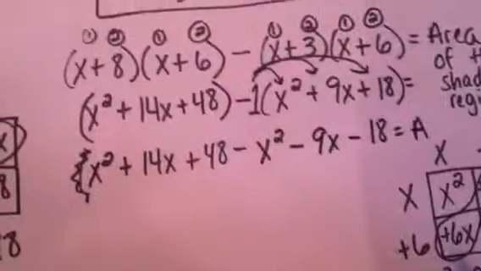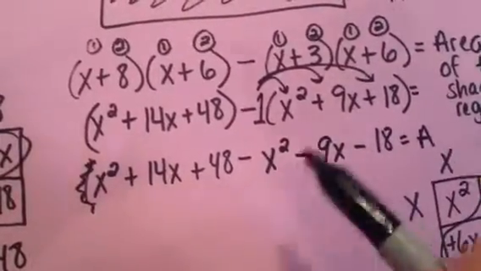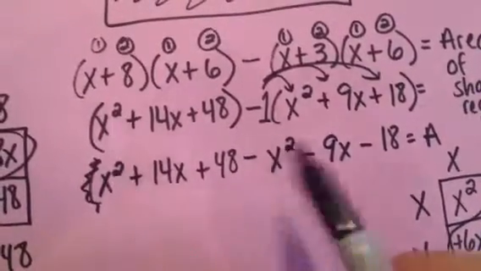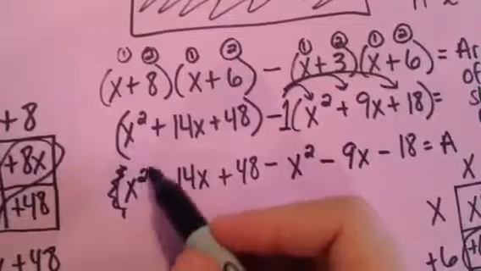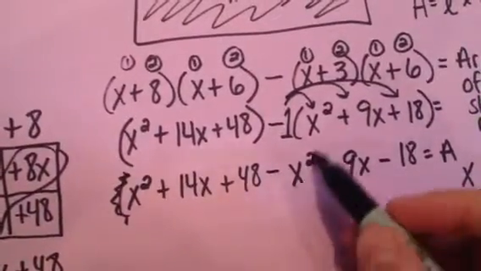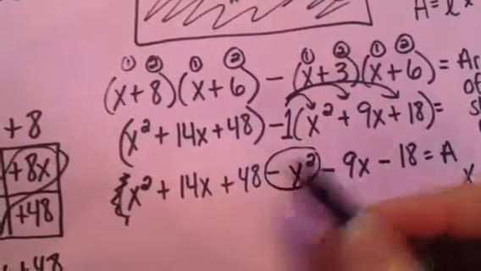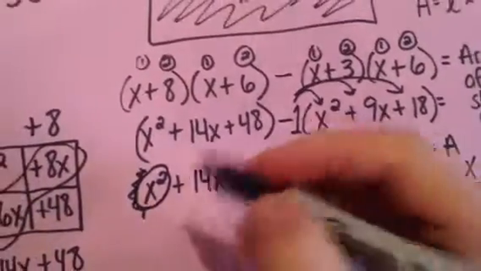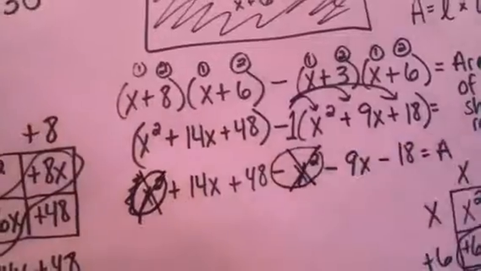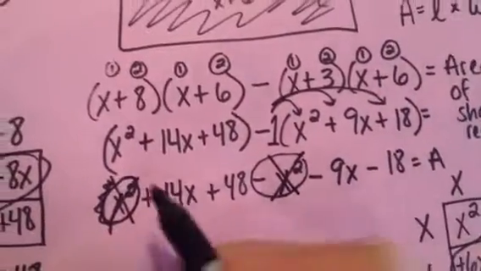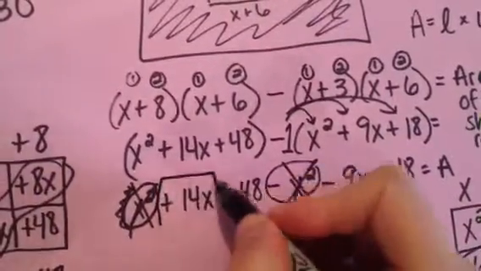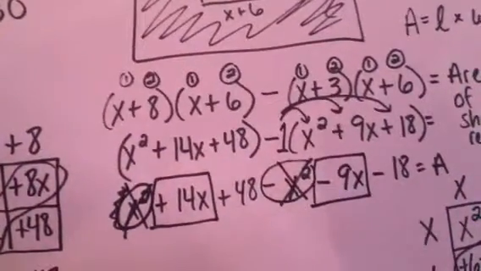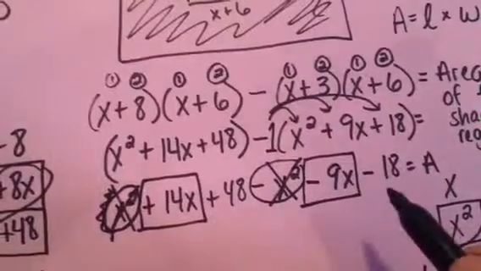The last thing I'm going to do is combine like terms. So I'm looking for things that have the exact same base and the exact same power. I see right away that I have an x squared here and a negative x squared here, if I circle that. A negative x squared and positive x squared cancel, they make 0. And then I also see that I have a positive 14x here. I'm going to put boxes around my x's. And a negative 9x, those are also like terms, so I'm going to combine those.